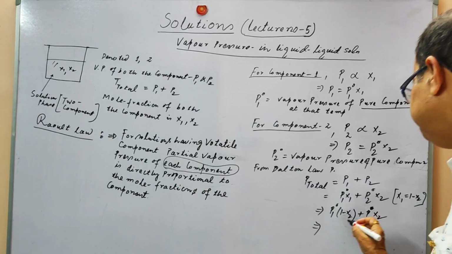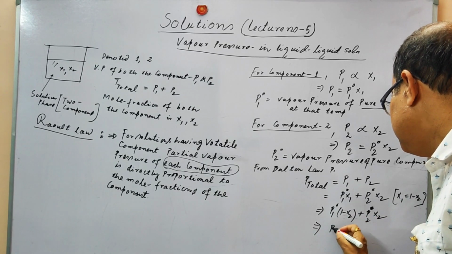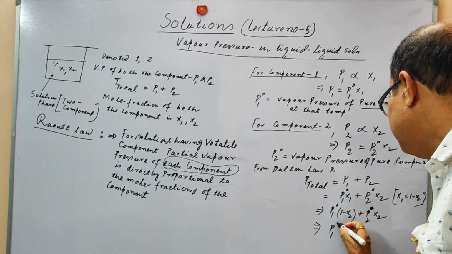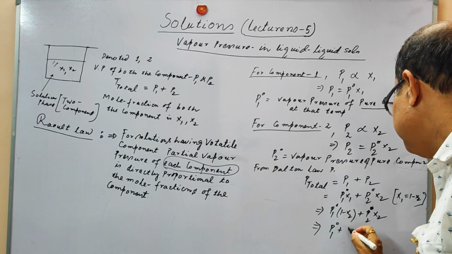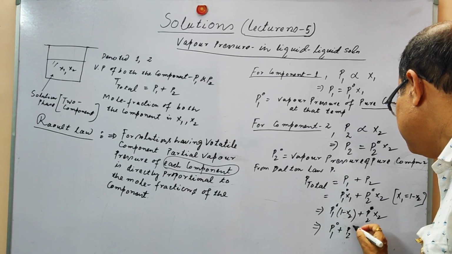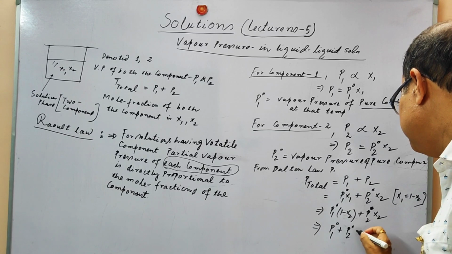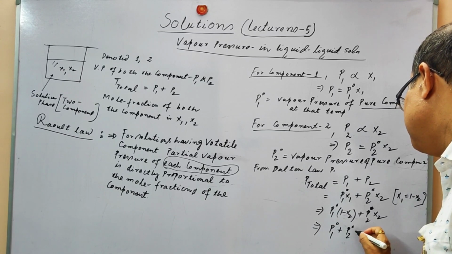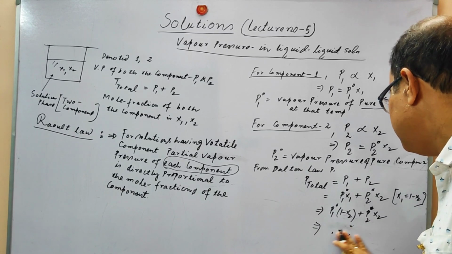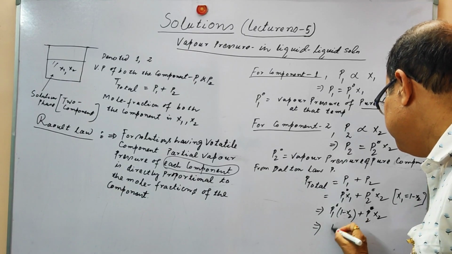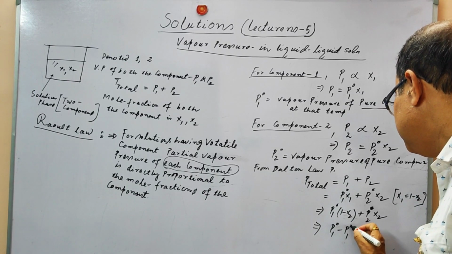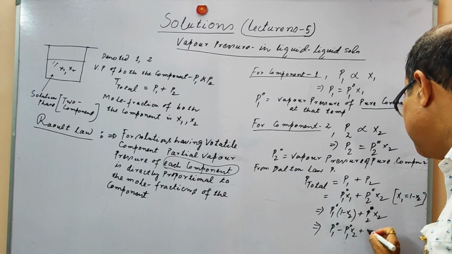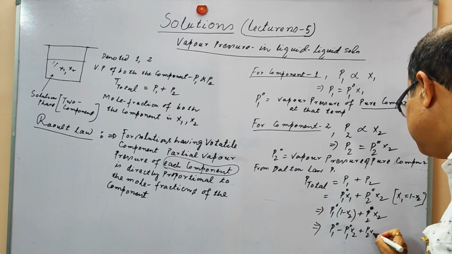We get this equation: P1° minus P1° into x2 plus P2° into x2.